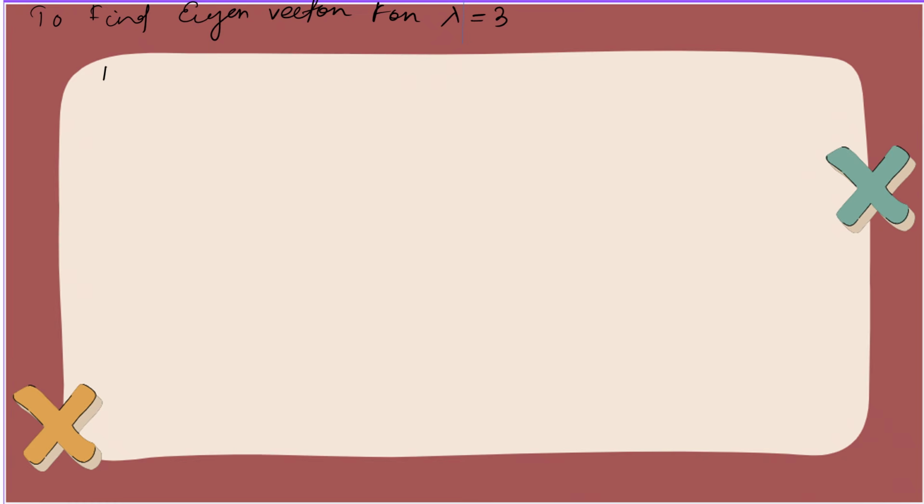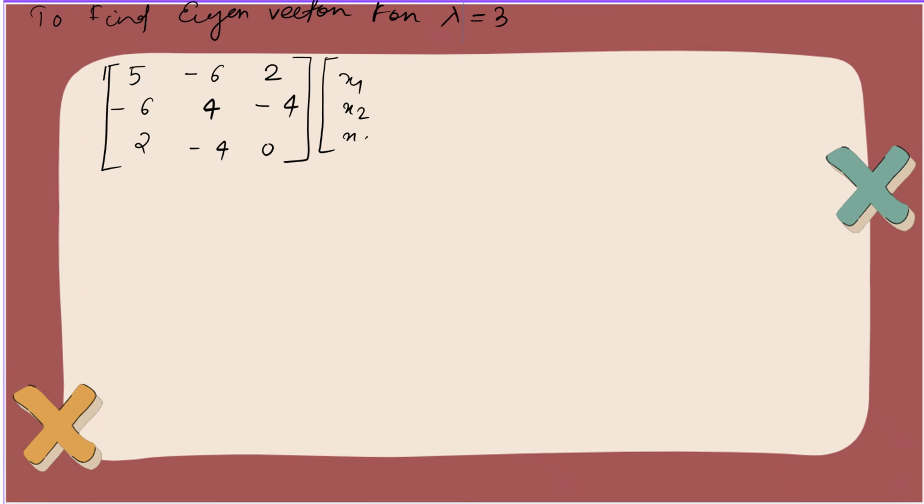So the matrix is, when you put the lambda value in the equation, determinant of A minus lambda I, we get 5 minus 6 2, minus 6 4 minus 4, and the last row is 2 minus 4 0, multiplied with x1, x2, x3, which is equal to 0.